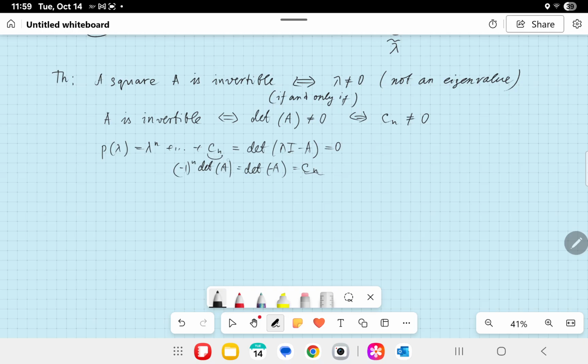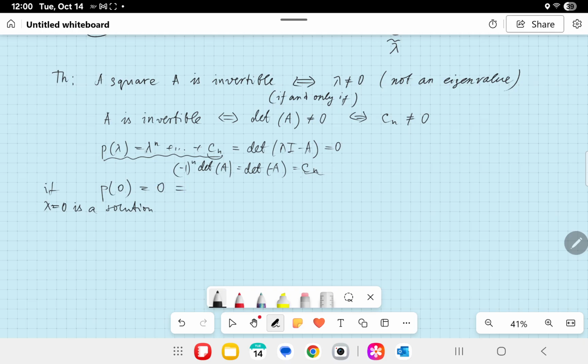This is just a polynomial equation, and it has some solutions. Imagine that lambda equals 0 is a solution. Then what is going to happen? If it's a solution, it turns into a true statement. So P of 0 must be equal to 0.